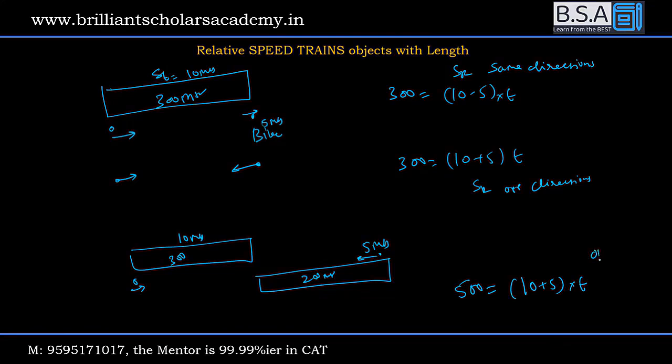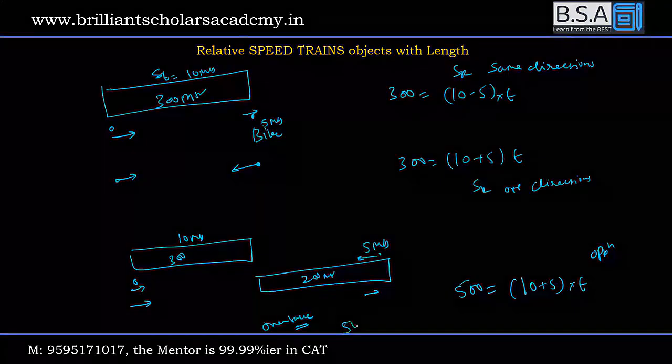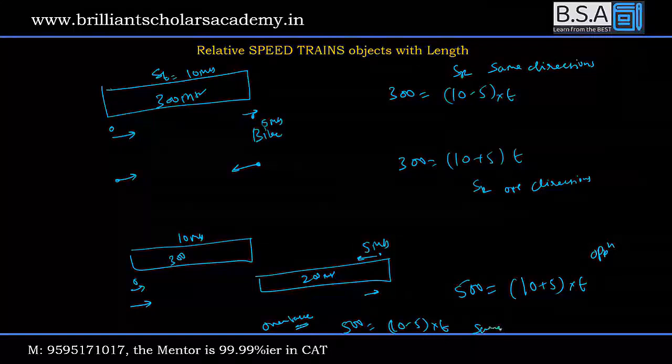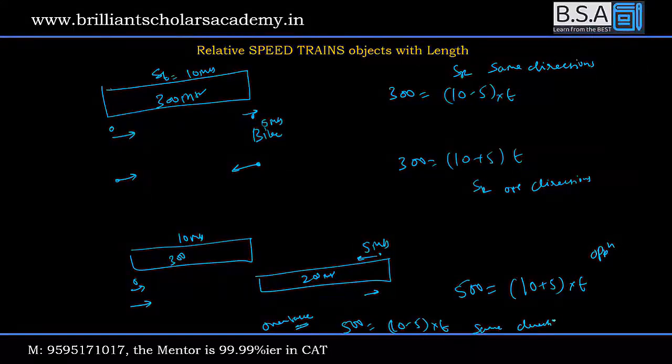That is opposite direction. If the faster train is trying to overtake, so I can say 500 meters with an effective speed of this. That is same direction. So you don't have to mug up, visualize.